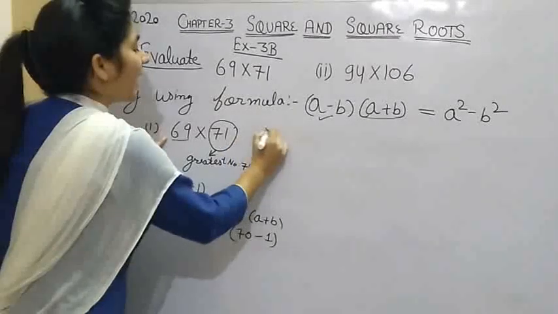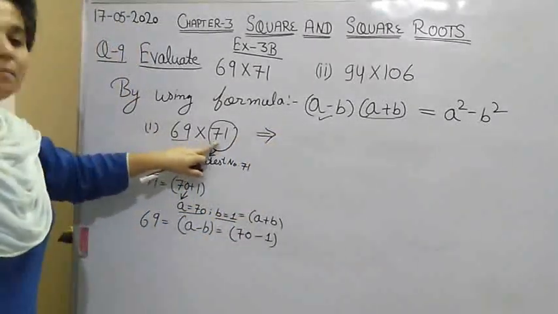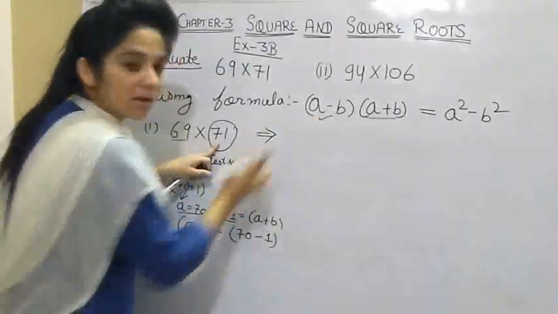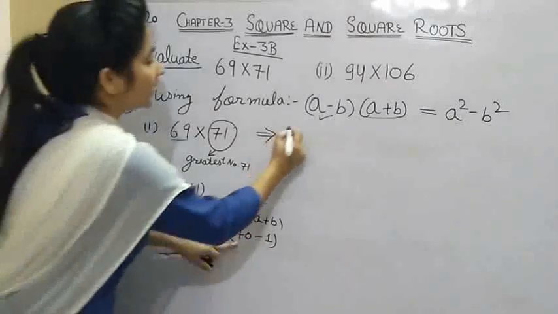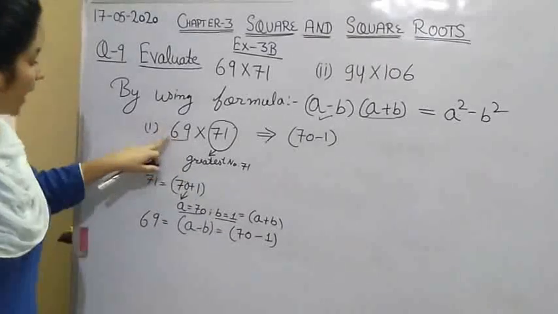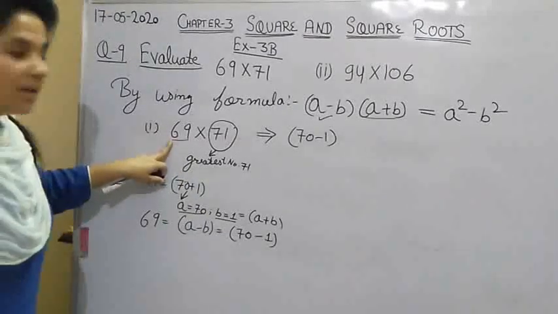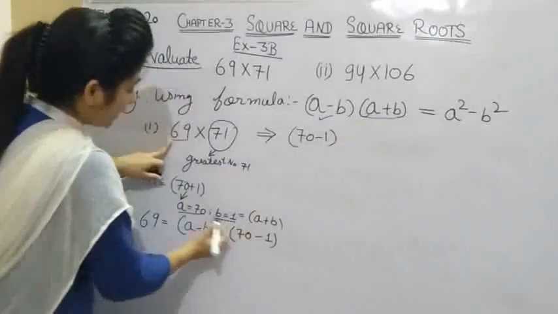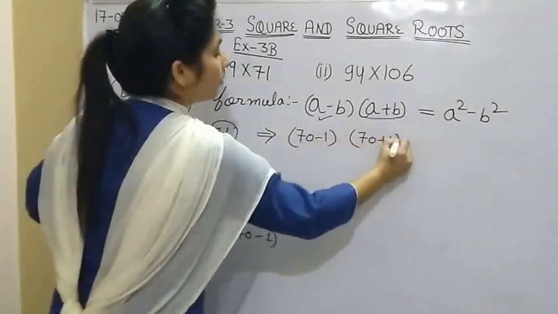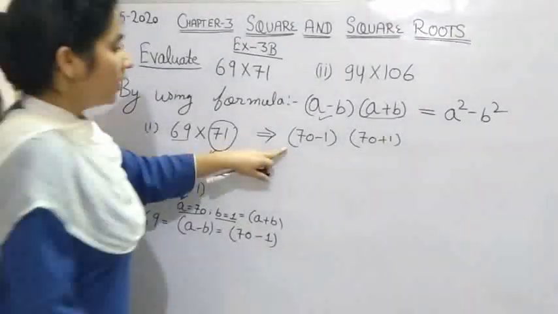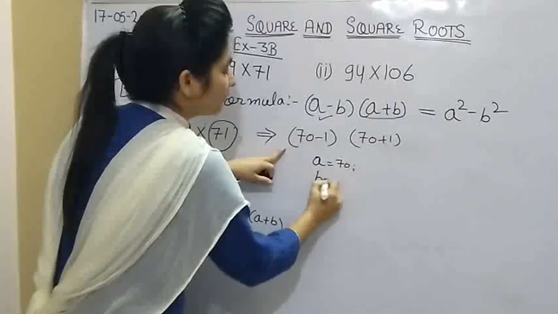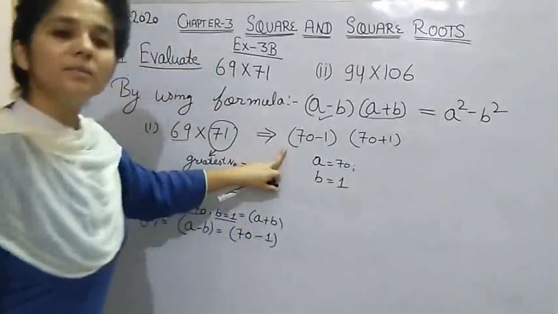So we can expand 69 multiply 71 in the formation of a minus b, 70 minus 1, that is equal to 69, and a plus b is 70 plus 1. The value of a is 70 and the value of b is 1.